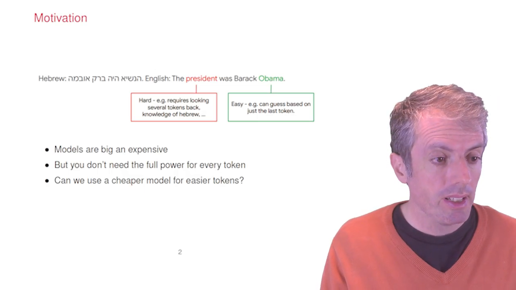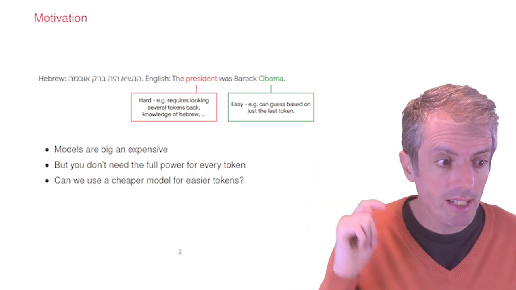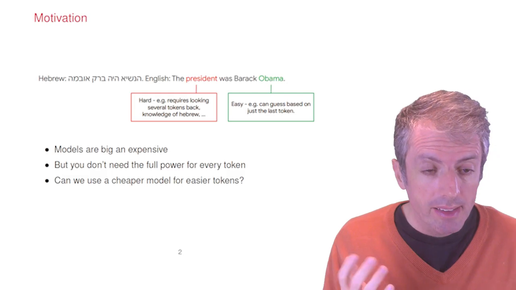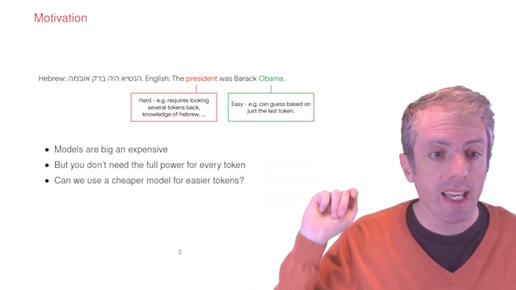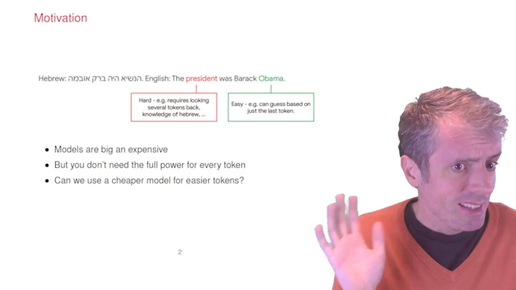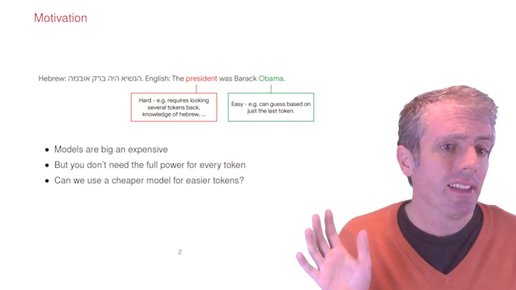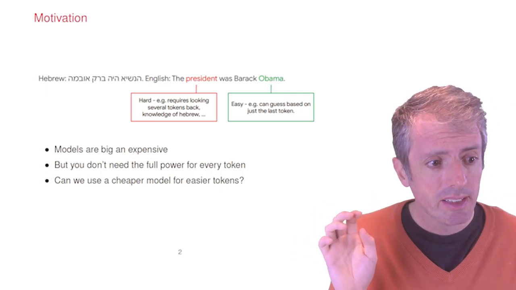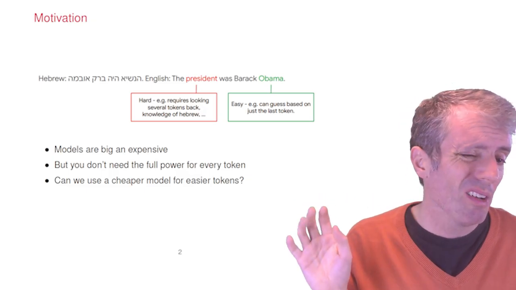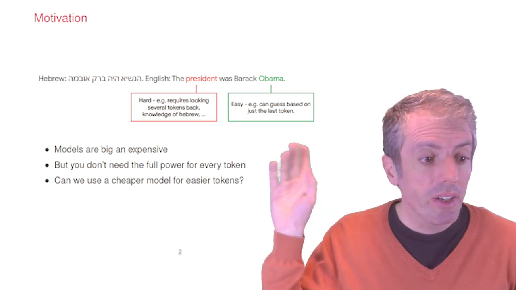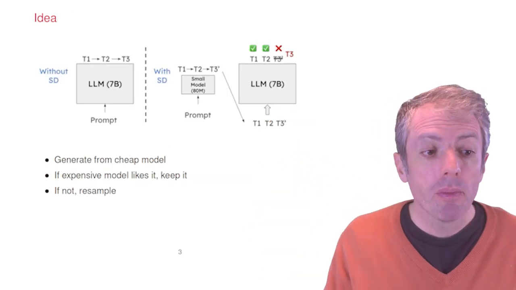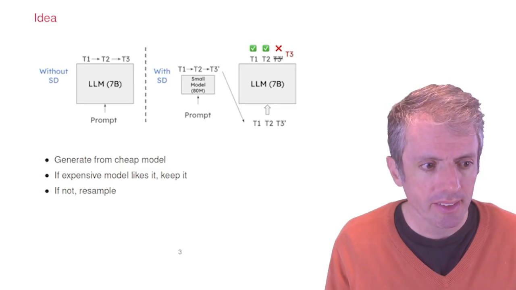Generating "president" is pretty hard. You need to actually understand Hebrew to figure out what this was saying. But once you've generated "Barack" and you need to generate the next token after that, there are very few presidents named Barack, and so you can probably figure out that the next token is going to be "Hussein" or most likely "Obama." And you don't need a large model to predict "Obama" given "Barack." So maybe we could use a cheaper model in those cases.